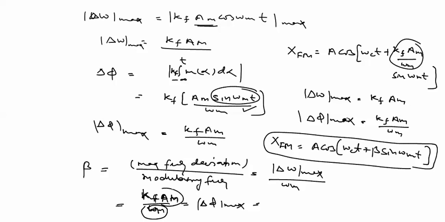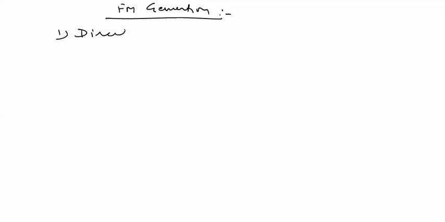Now we will discuss FM generation schemes. In FM generation there are two basic ideas: the direct method and the indirect method.